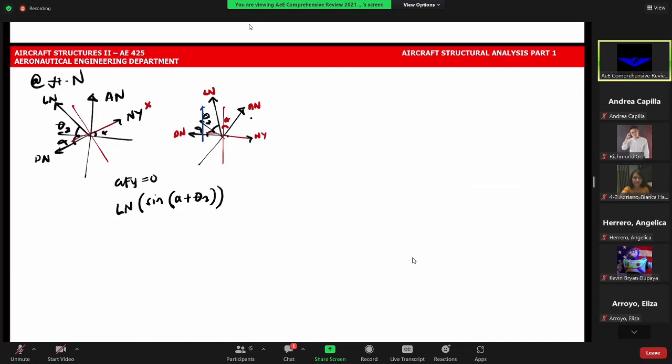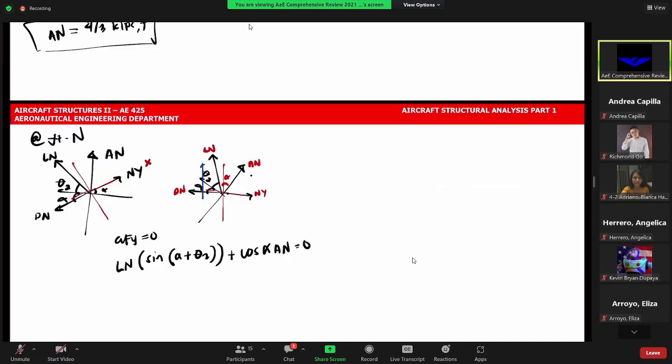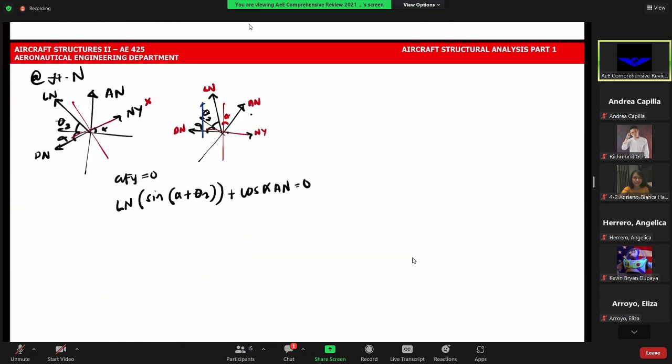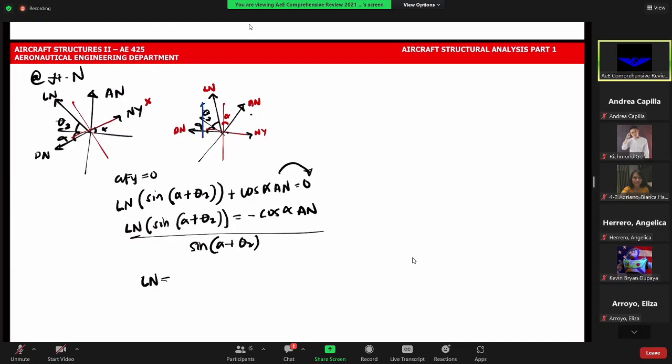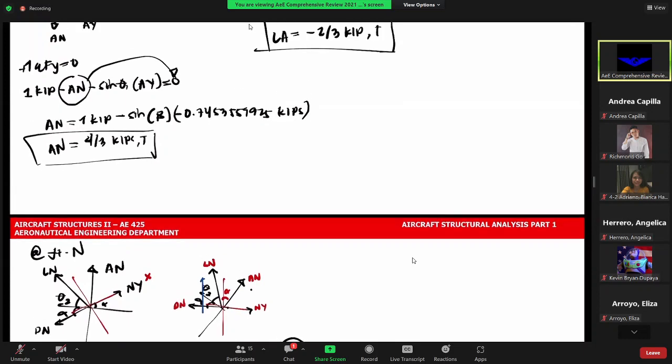That is positive cosine alpha AN is equal to 0. Ngayon, meron tayong value nung AN, 4/3. So, LN yung hinahanap, transpose natin to sa kabila, magiging LN sine alpha plus theta sub 2 is equal to negative cosine alpha AN. Divide both sides by sine alpha plus theta sub 2. LN is equal to negative cosine alpha, and then AN natin is 4/3.